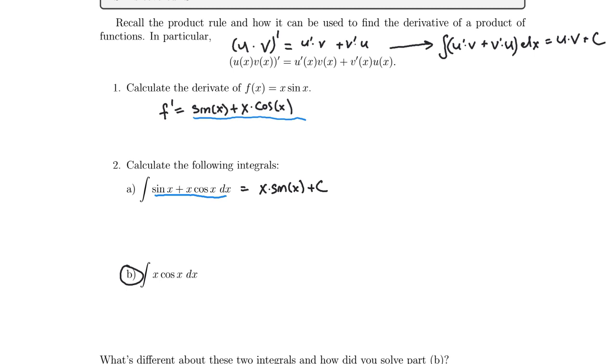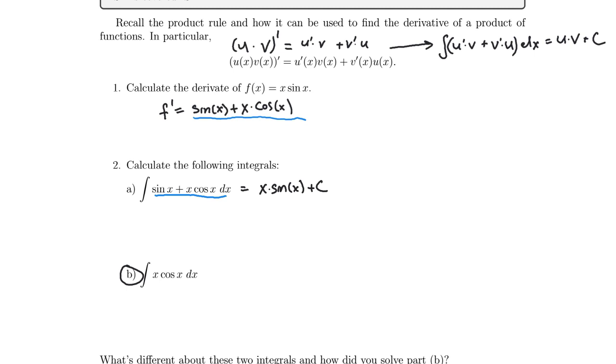And here is where we can start to get a little tricky, or a little clever. We might recognize that this is part of the previous product rule result, and we can try to take advantage of that in order to solve this integral. So let's see what we can do here. Let me clear some of this.